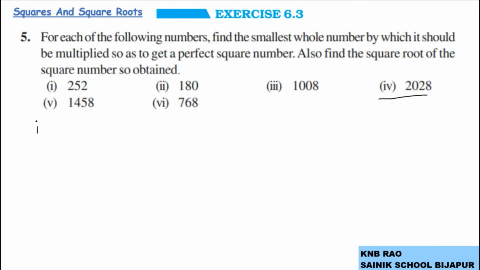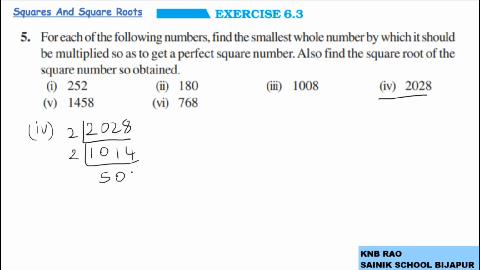In question number 4, 2028, first we'll prime factorize it. 2 1s are 2, 2 0s are 0, 2 1s are 2, 2 4s are 8, 2 5s are 10, 0s, 7s. Most of the time children commit the error of forgetting to give zeros.